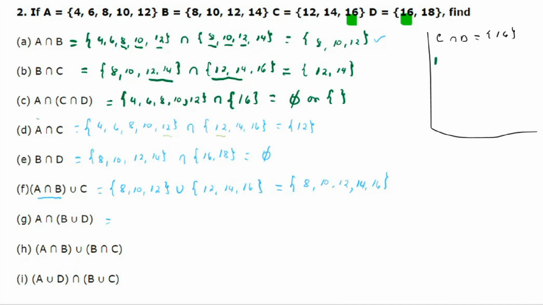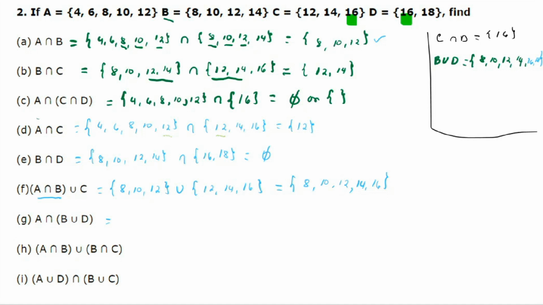Let's combine everything in B and D. Start with set B, whose elements are 8, 10, 12, 14, and the other one is set D, whose elements are 16, 18. Okay, so that's the answer for B union D, which we are going to write here for letter G.